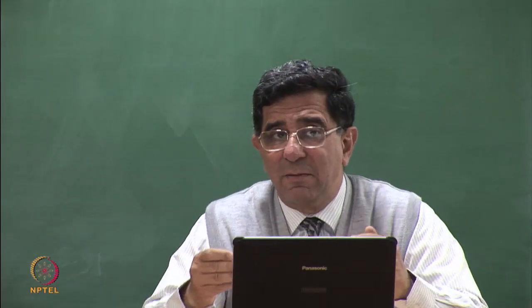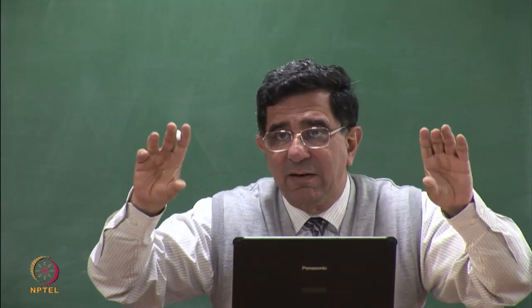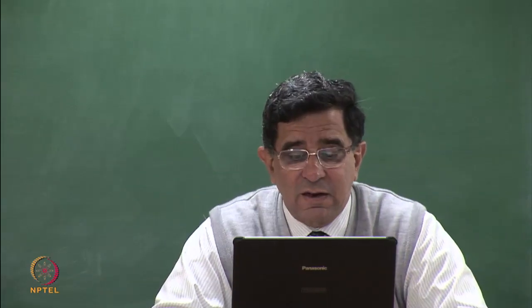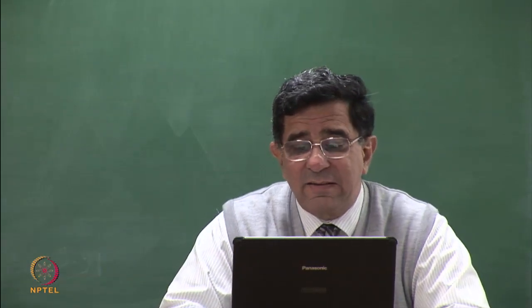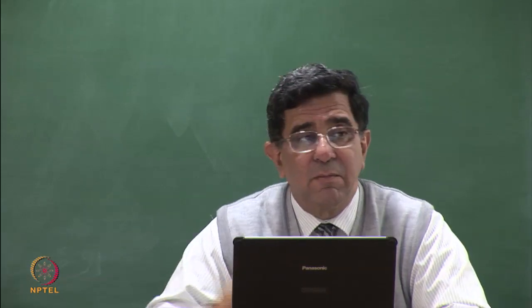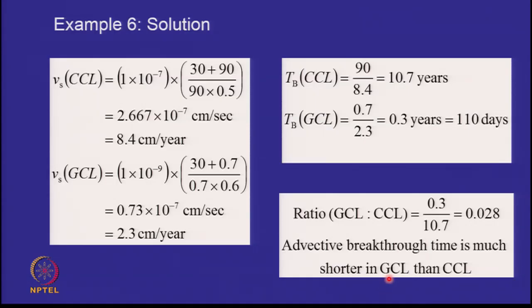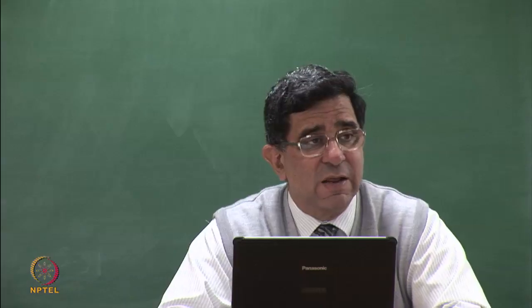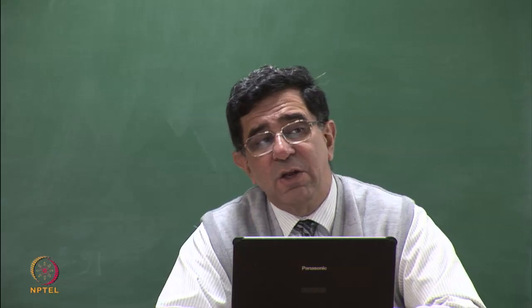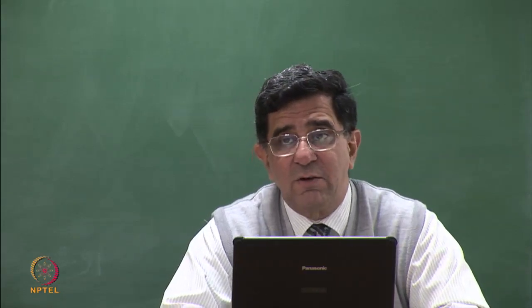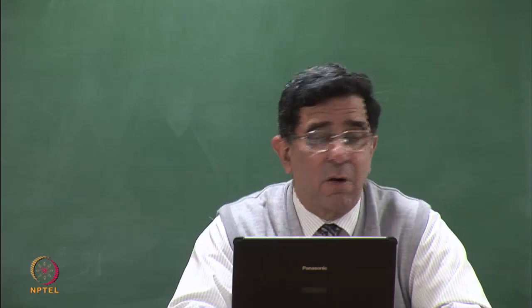But till it comes out, it is all inside the clay. So in that sense, because the breakthrough time is much shorter in the GCL, the performance of CCL is better as far as breakthrough time is concerned. And you have to realize that when you are trying to do equivalence, you are not only trying to do equivalence in mass flux, but you are also trying to do the equivalence in when it comes out at the bottom.